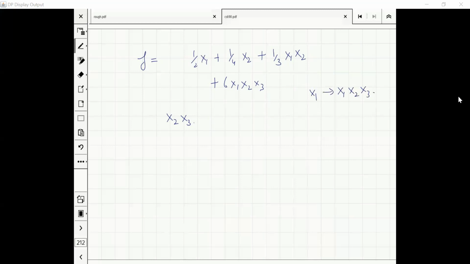What about x2? x2 will actually get merged with x3. Unfortunately, there is no coefficient of x3. Let's take it.